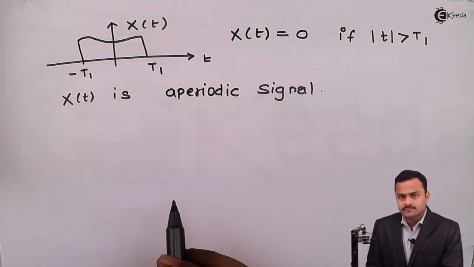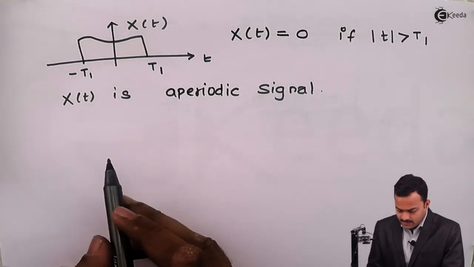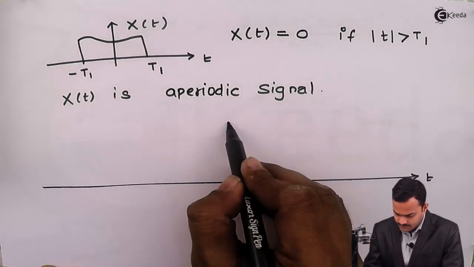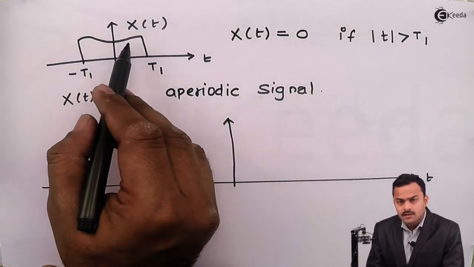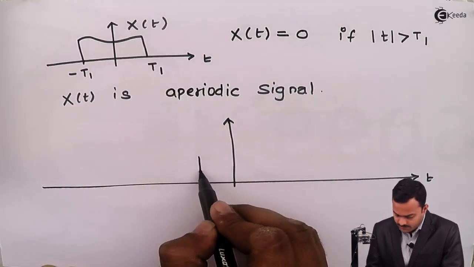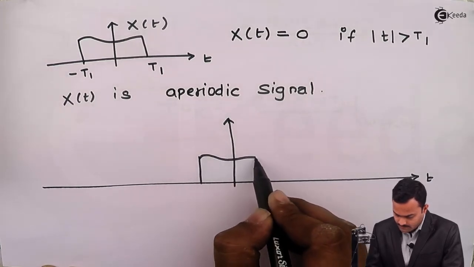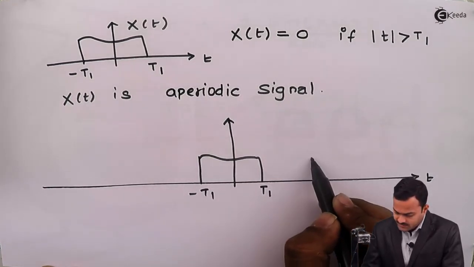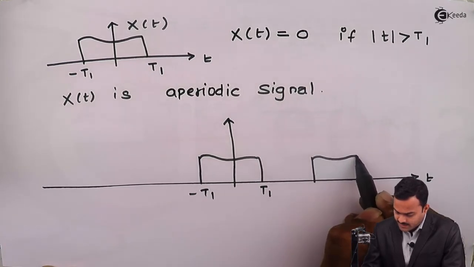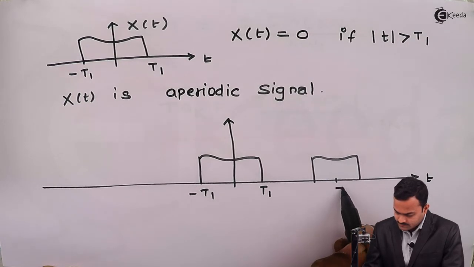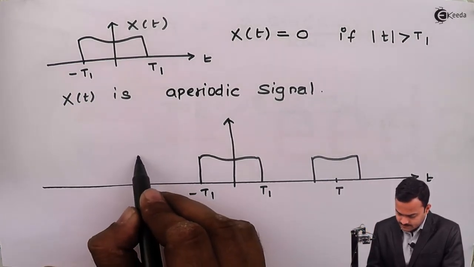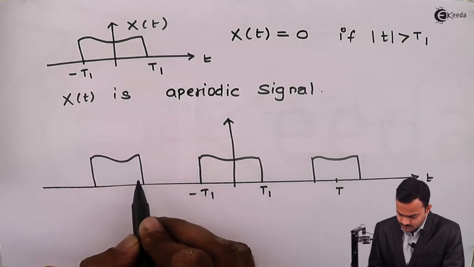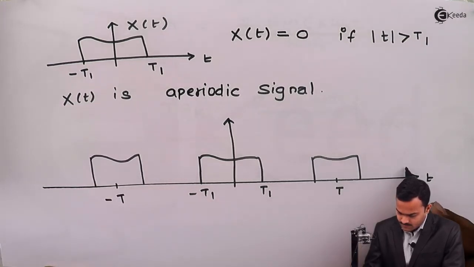Can we make it periodic? Yes, we can make it. So consider I am going to have a waveform like this, where this particular part will be present, and the same kind of parts will be present after equal intervals, like this, and so on and so forth.